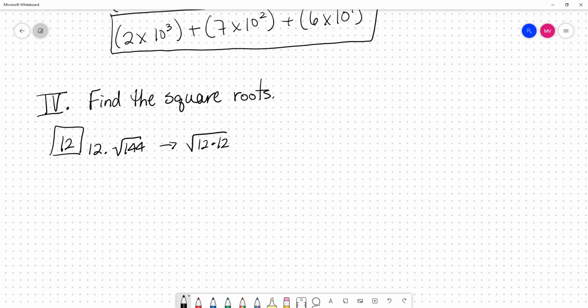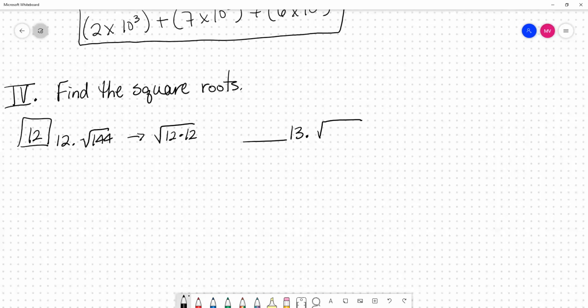All right, number 13. Let's see here. So we have 64 million. 80. Okay, so remember, whenever you have a power of 10 to an exponent, you add a 0.